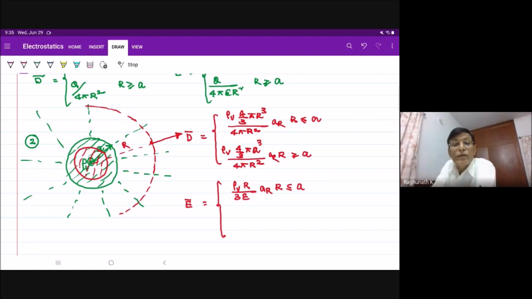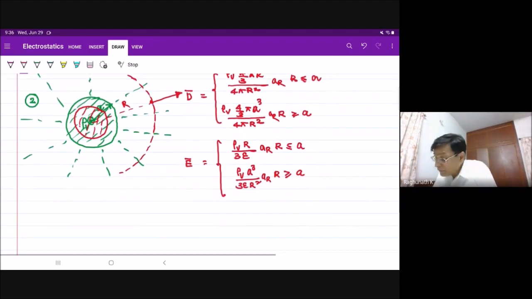What is the other expression now? Rho v a cubed by 3 epsilon r squared for r greater than or equal to a. You have to see that for r equal to a, both give the same expression. Should give, if you are right. Carefully look at it. a is a constant.